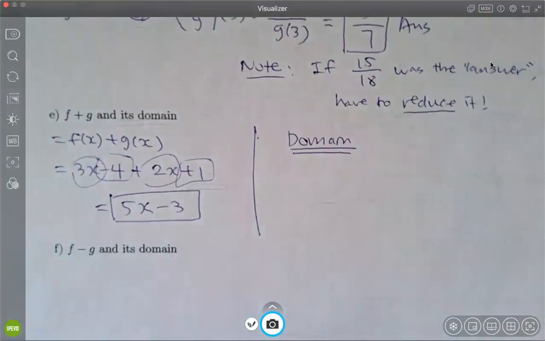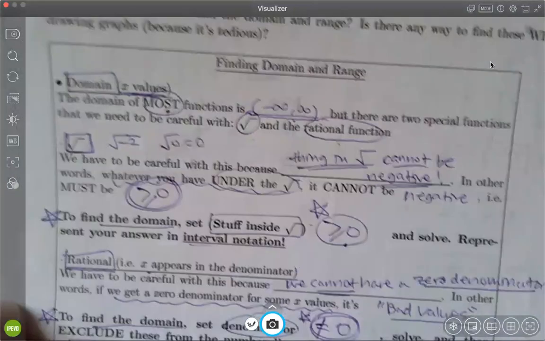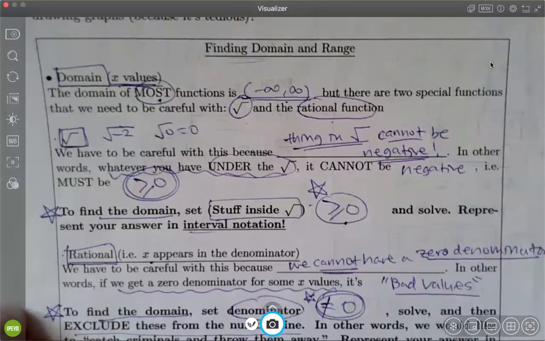Remember, the domain is the x value, so I guess we all know that. What did we say in the past? The domain is mostly everything, but the two exceptions are the square root and the rational case.